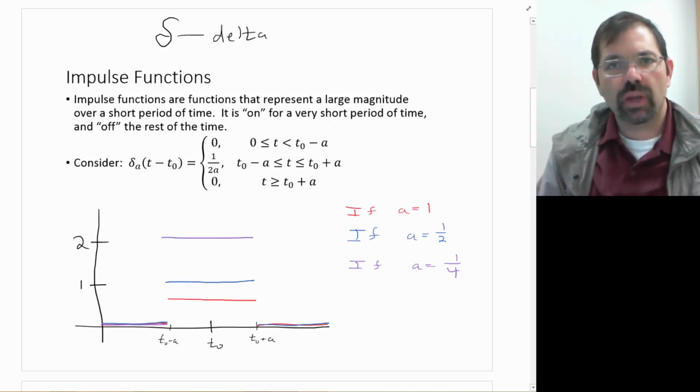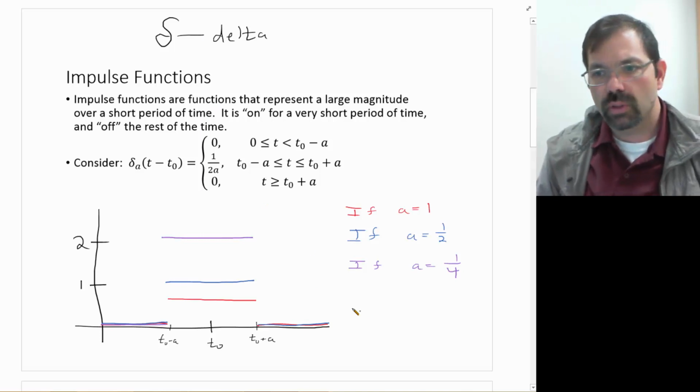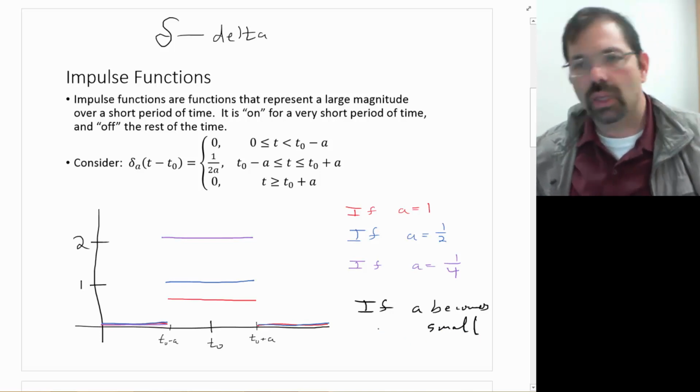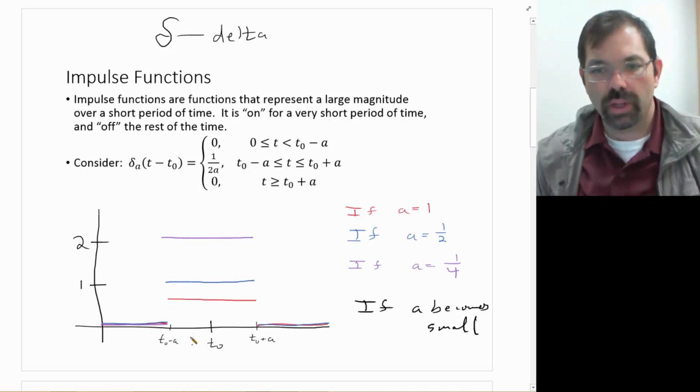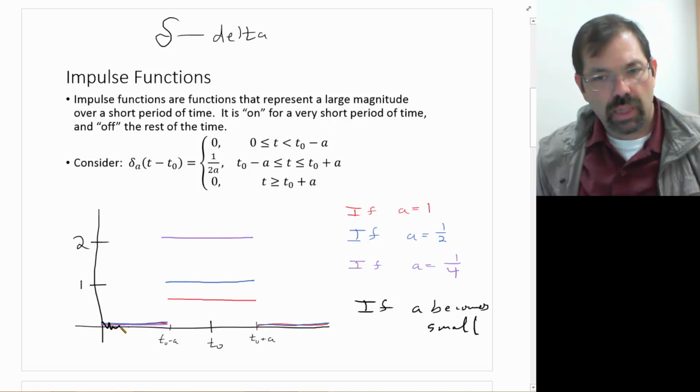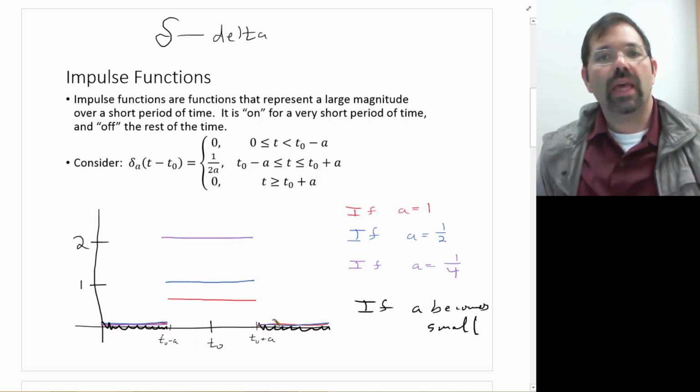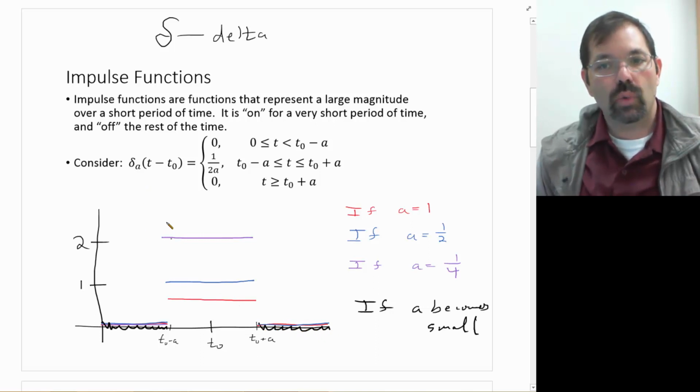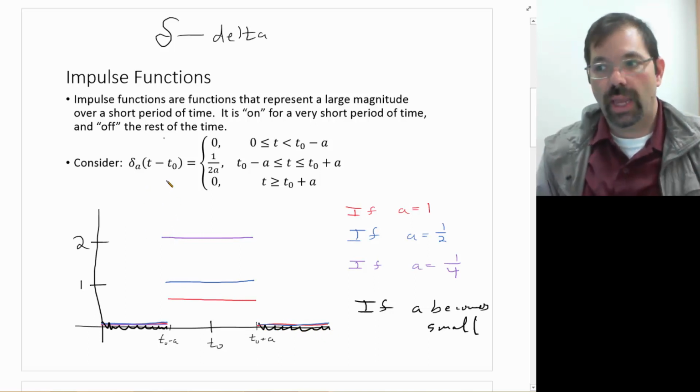And then what happens if a becomes very small? How small? Well, that's the tough part. How small do we want it? It's going to start by being off again. It's going to end by being off. But then while it's on, we get a very large output.